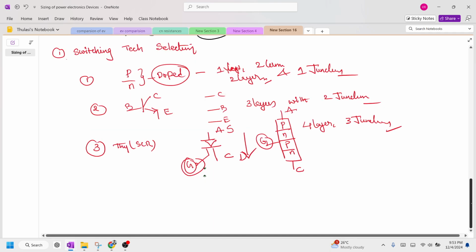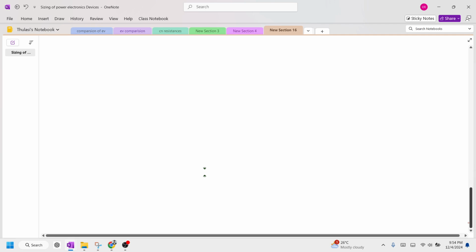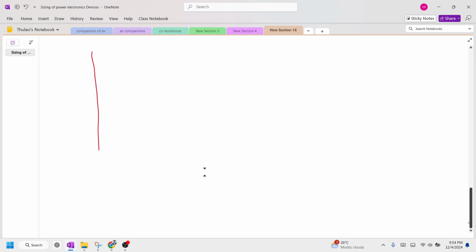And next, we're going to draw the diagram to see which component we need to select. When you try to draw it, we're going to take the x-axis as well as the y-axis.